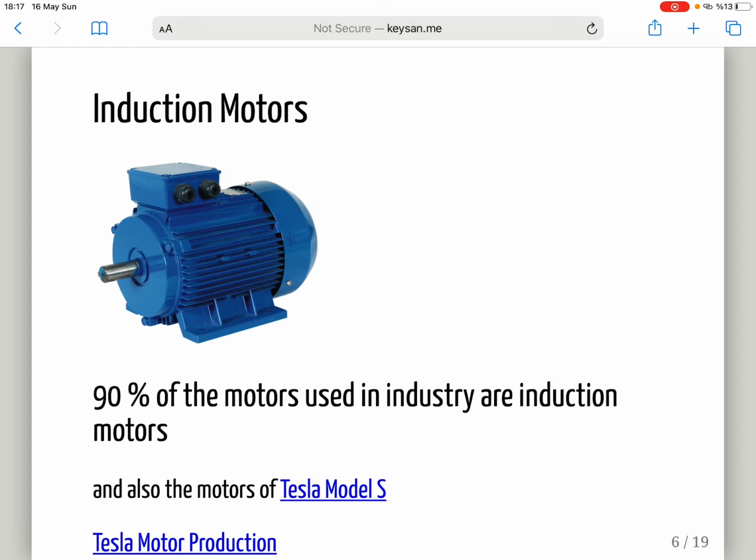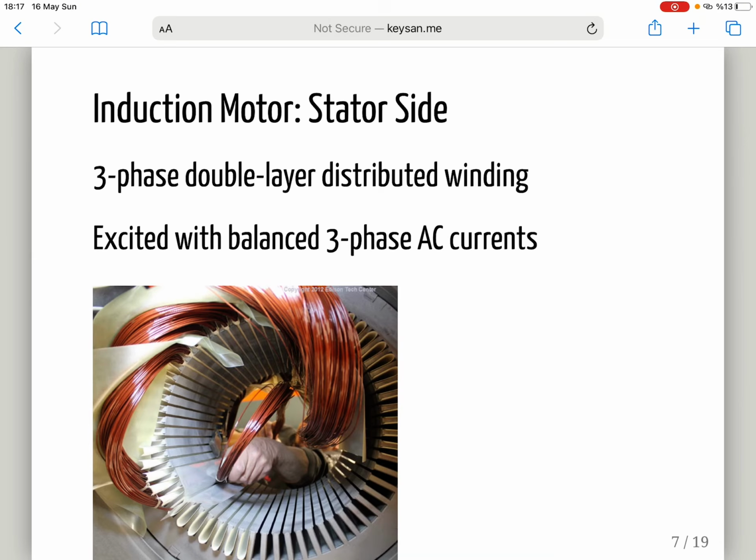And Tesla uses induction motors in a couple of their models. I think Model S uses induction motors, and I'm not opening it, but I strongly advise you to have a look at those manufacturing videos before proceeding.